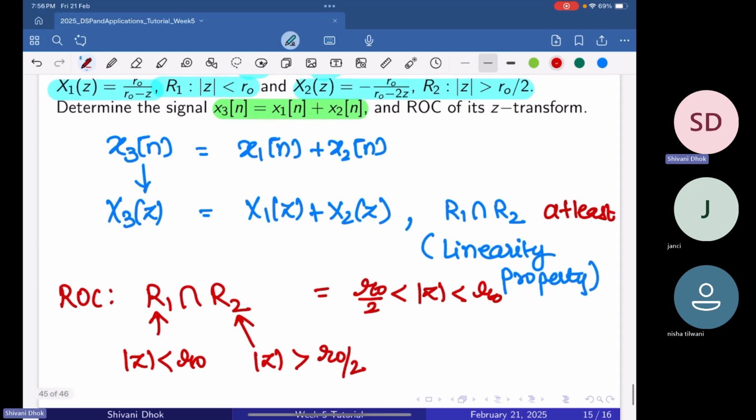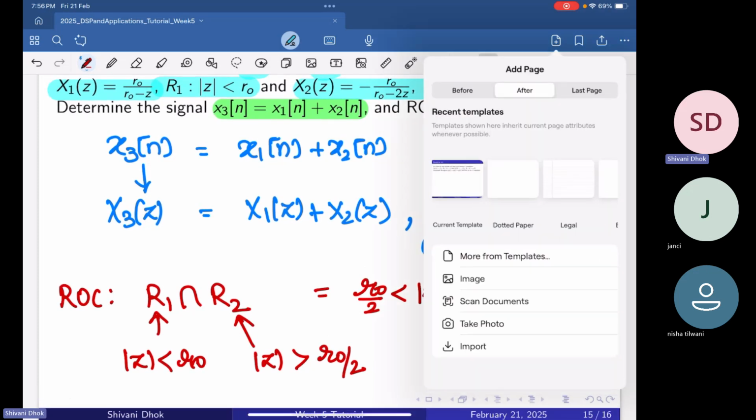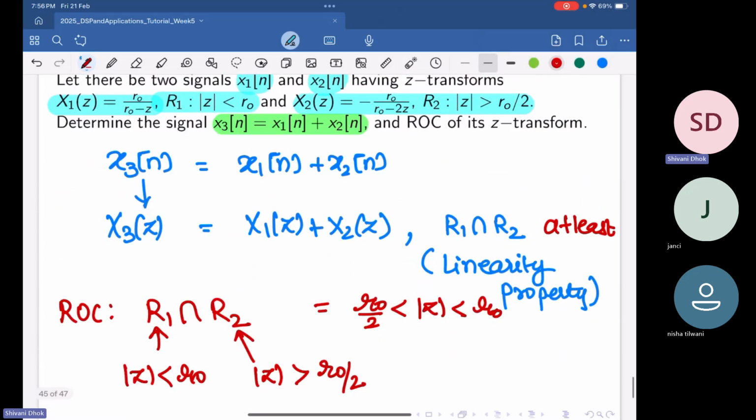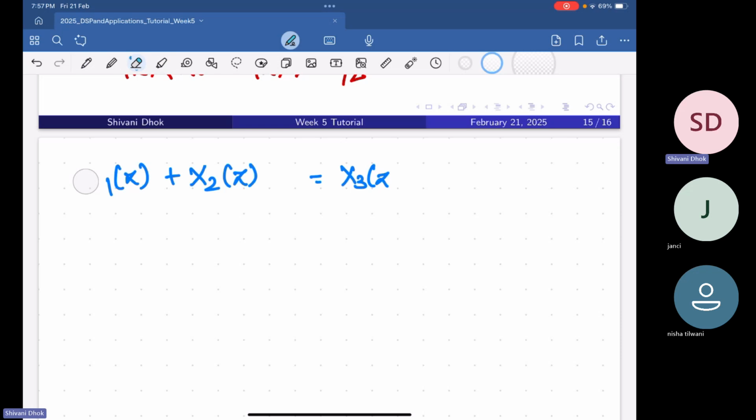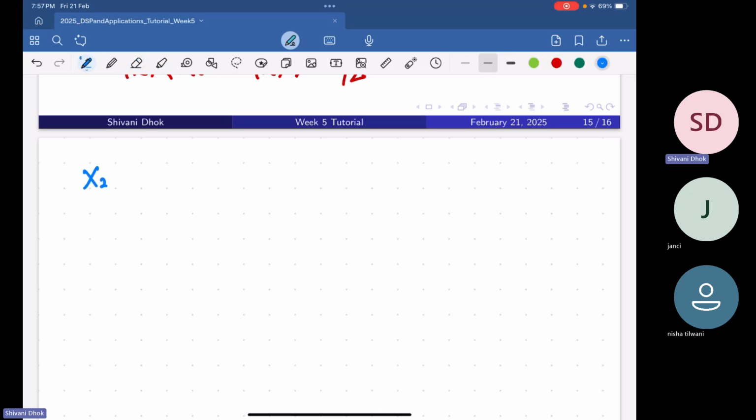Now let us figure out if there are any pole-zero cancellations or not. For that, we have X1(z) plus X2(z), which is our X3(z). So let me write it the other way. X3(z) was our X1(z) plus X2(z) with the above region of convergence.